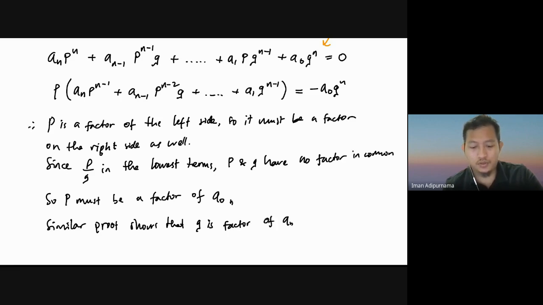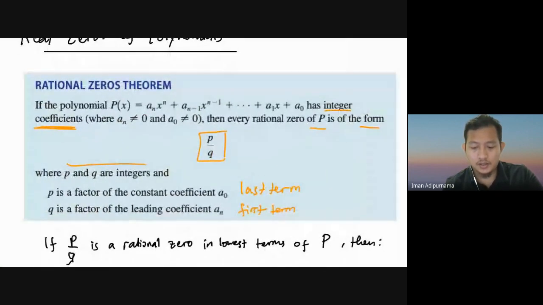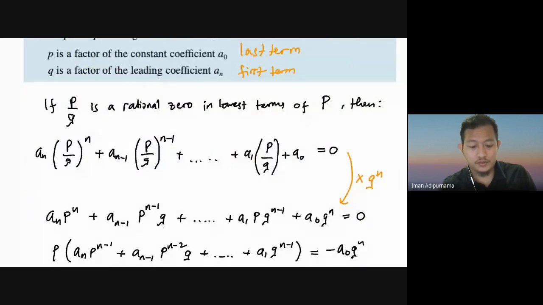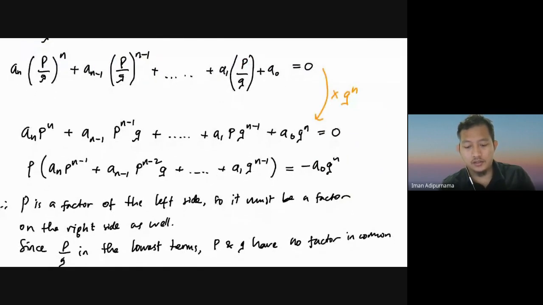And this is just to prove what we are saying here, that every rational zero of P is of the form p over q. So we are checking p over q, using the general terms, and it is actually true. Okay?